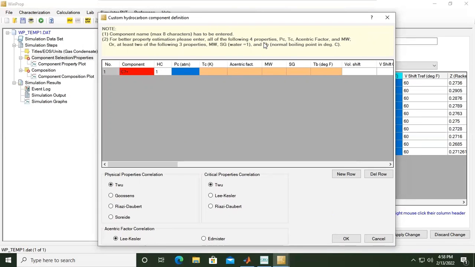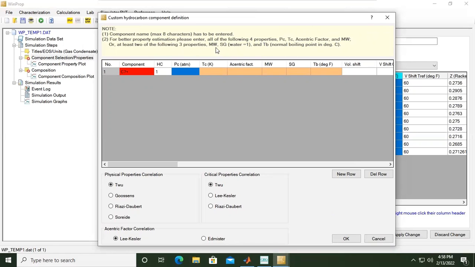No, it's C7 plus. All right, for the second one, for better property estimation, please enter all of the following four properties. So if you have performed the laboratory data to analyze this component, you can provide to the Winprop either PC, TC, eccentric factor, and molecular weight. But you know, critical pressure, critical temperature, and of course the eccentric factor, usually we don't measure that.